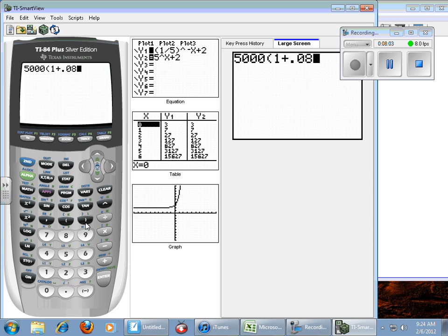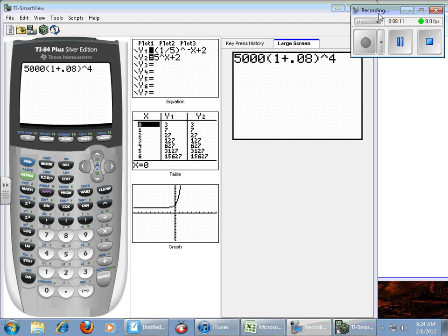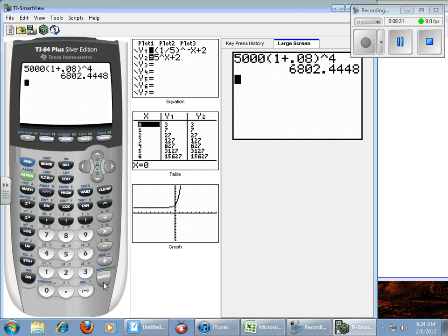And then I have to close the quantity and raise it to the 4th power. Okay, when I hit enter, I'm going to know exactly to the penny, I might have to round, how much money I will have at the end of the 4 years, or you will have. And look at that, you'll have $6,802.44 in your bank account in that CD when it matures.